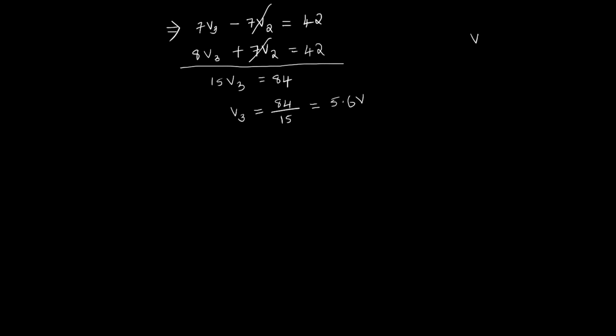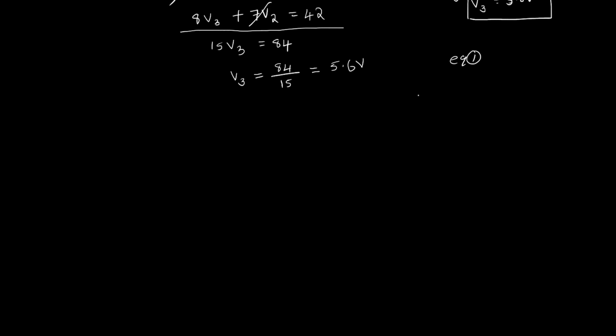So let us write it here, V3 equals to 5.6 volts. Now on substituting this value in equation 1, which is V3 equal to V2 plus 6, we obtain the value of V2 as minus 0.4 volts.